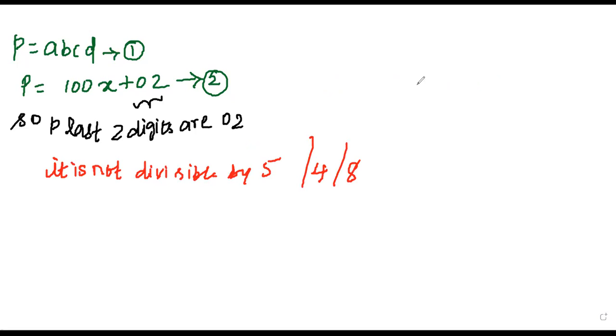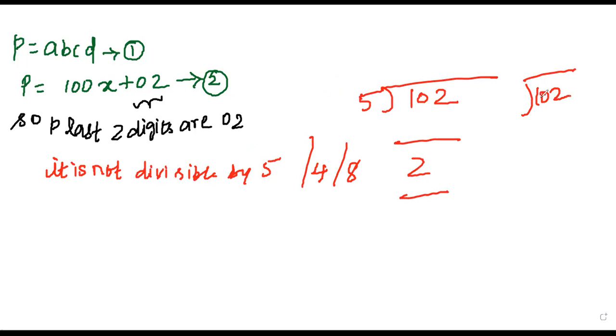I'll tell you why. If you divide 102 by 5, you will have the remainder 2, isn't it? If you divide 102 by 4, still you will have the remainder 2. If you divide it by 8 also, you will have the remainder 2. This is not a perfect division, you will always get some remainder. So 5, 4, 8 are not suitable.